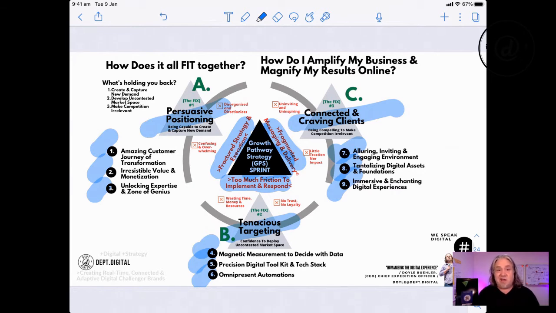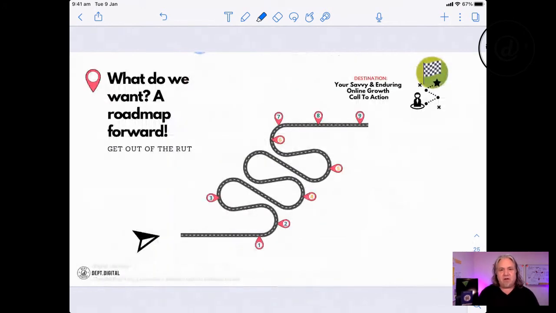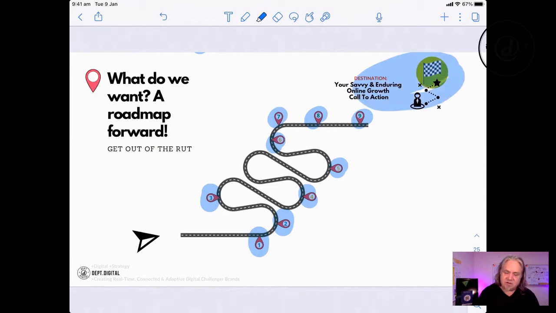And what does that look like at the end of the day? It looks like a roadmap. It looks like a business GPS to say, here are the steps that I need to take. If you take these in order, what you've done is you've really created a roadmap. Okay. We've gone from step 1 to step 2 to step 3, 4, 5, 6, 7, 8, 9, and we made it to our target. Okay. We made it to our destination.